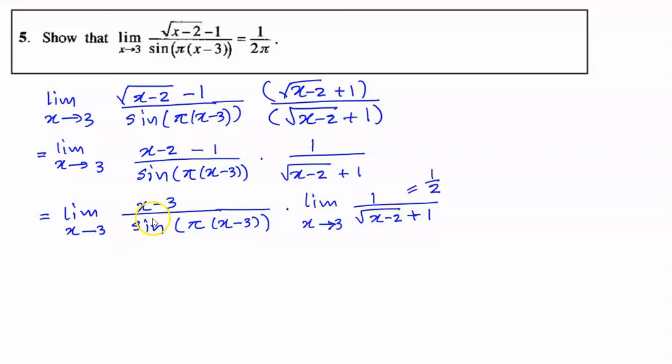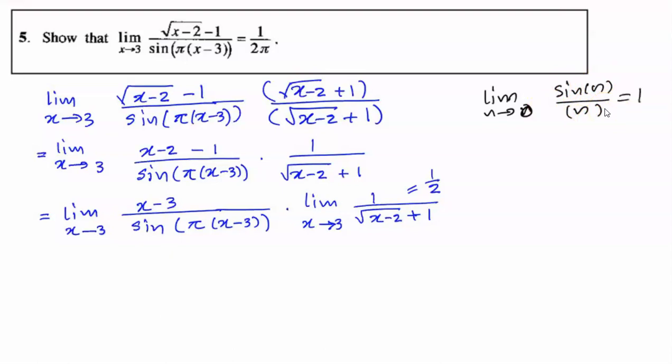How you work on this one depends on the sine formula given. We know something about sine-involved limits: if we have the limit as n goes to 0 of sine n divided by n, then as long as this n is going to 0 divided by n again, this whole thing is equal to 1.